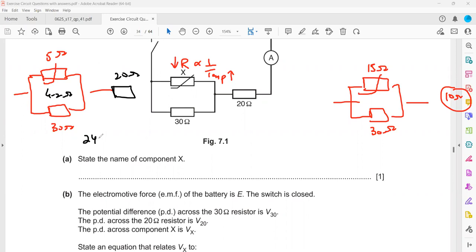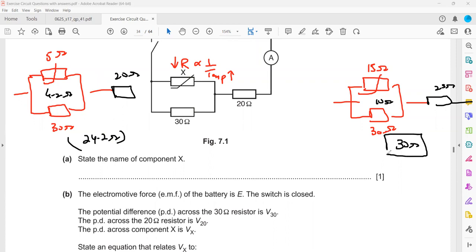So the total resistance of the circuit is 24.2 ohm. Whereas before, the combined resistance was 10 ohm for the parallel part, and there is another resistor in series, so the total circuit resistance was 30 ohm. But when the temperature increases, the resistance of the thermistor decreases, so the combined resistance of the circuit also decreases, it becomes 24.2.